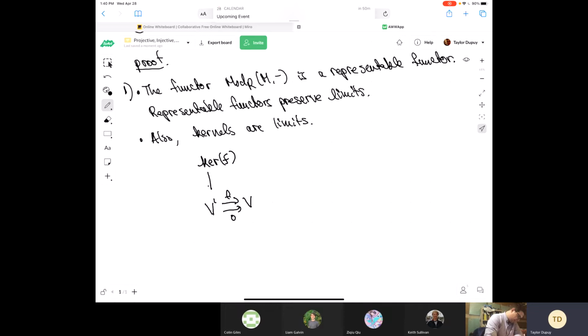Remember that limits are the terminal object of the category of cones. So you take a diagram, you make all the cones above it, and you take the terminal object of that. For this particular diagram, this is called an equalizer diagram.